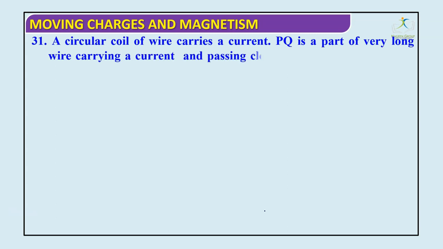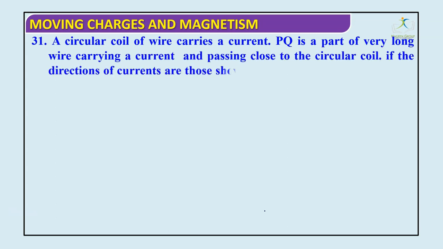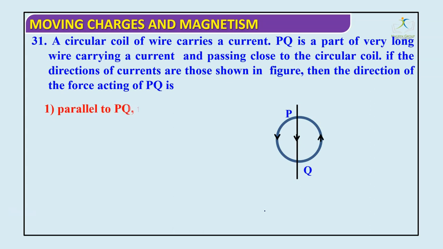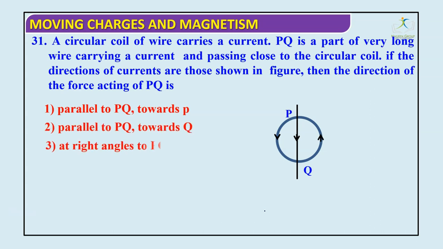Next question we have: a circular coil of wire carries a current. PQ is part of a very long wire carrying a current and passing close to the circular coil. If the directions of the currents are like those shown in the figure, then the direction of the force acting on PQ is, we have options: parallel to PQ towards P, parallel to PQ towards Q, at right angle to PQ to the right, at right angle to PQ to the left.